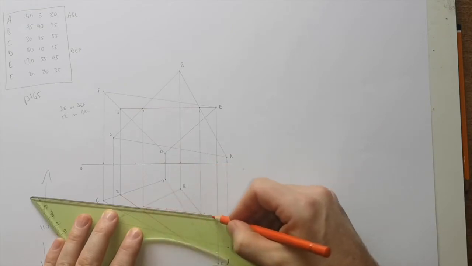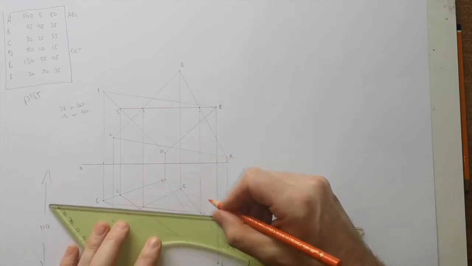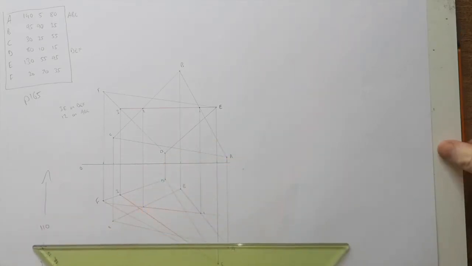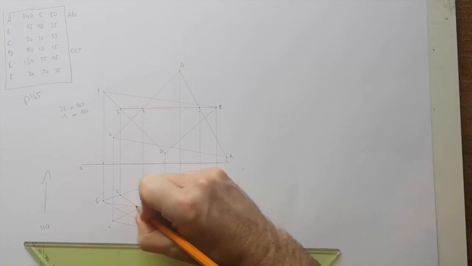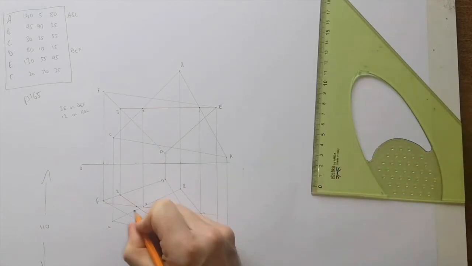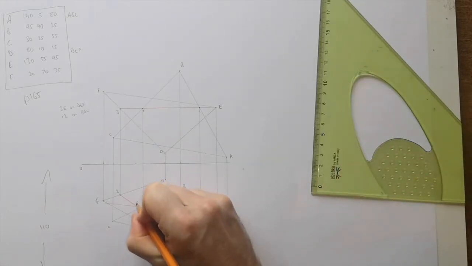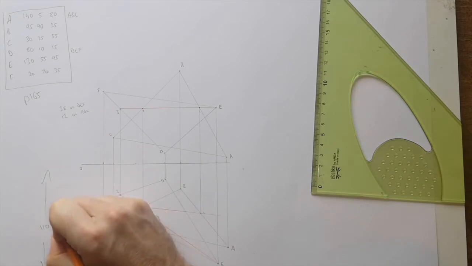Actually, you can extend these lines right along. Even though it only really goes to 2 there, you can keep extending it, and we can see a point on our line of intersection right there. This point I'm going to call S, just like the book. So S is on the line of intersection.